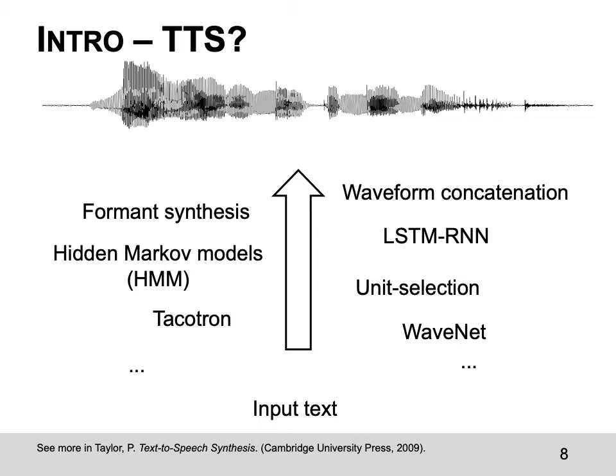For some types of applications, we also want the synthesized speech to sound like us. So towards this goal, researchers have put so many efforts into the TTS research. However, it was not until the recent years that researchers found really good models to achieve this goal.